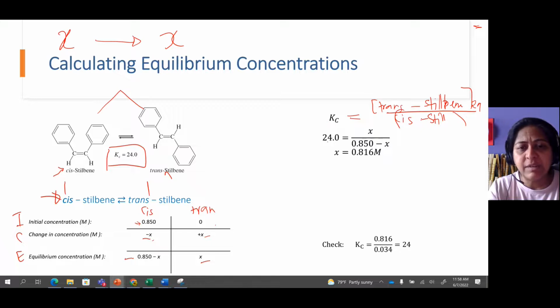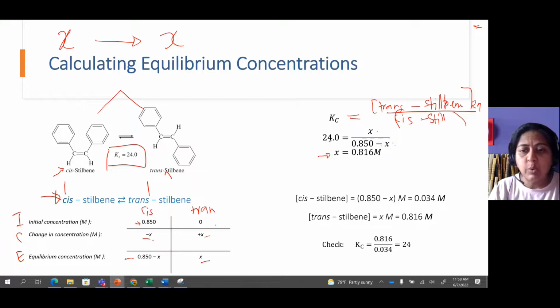The Kc was given as 24.0. The equilibrium trans stilbene concentration is X, and the equilibrium concentration for cis stilbene is 0.850 minus X. So X was calculated as 0.816 molar.